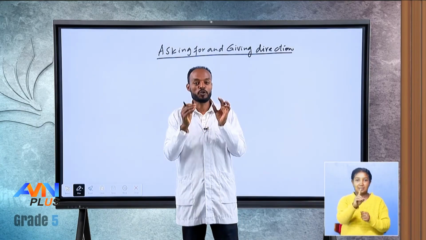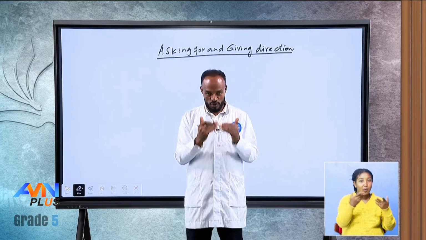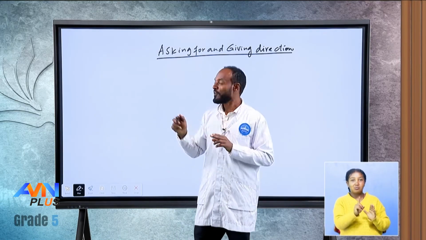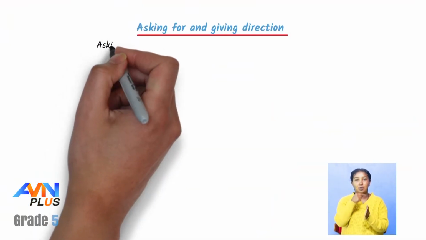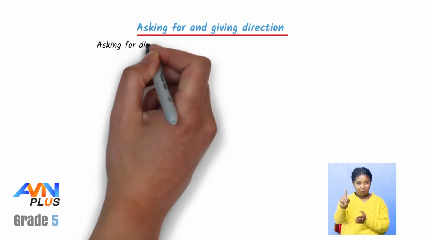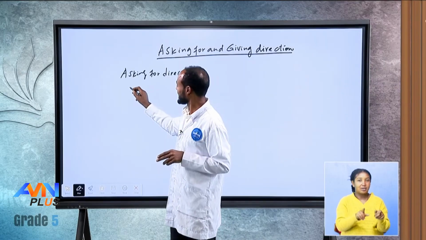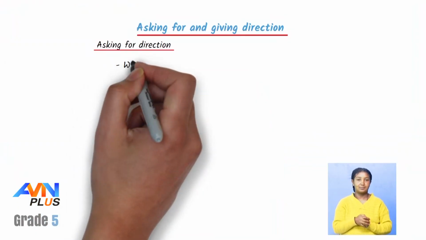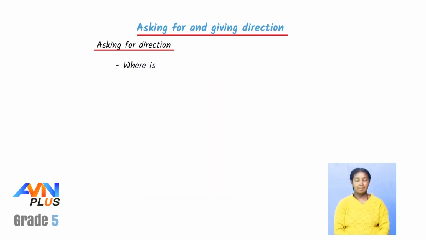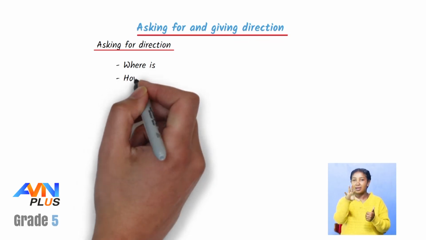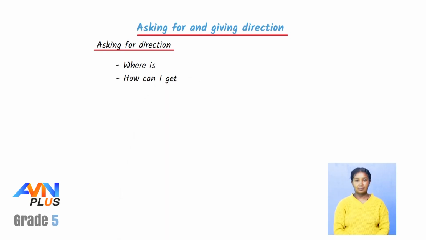Asking for directions means if you are not sure, if you don't know the place where you are going, if you are lost, you have to ask for direction. Isn't it? For example, when asking for direction, we can use expressions like: Where is? How can I get? Can you tell me?